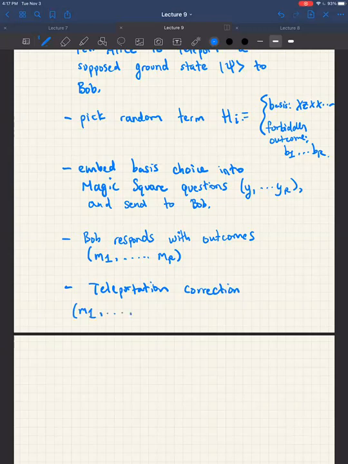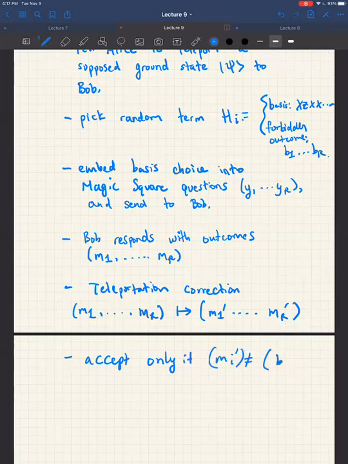So all of these measurement outcomes will get post-processed into a different set. But then we just do what we did before, except only if these post-processed outcomes are not equal to the forbidden outcomes. So this part looks very similar to the measurement protocol from before. I just have to tell you what this teleportation process is and what this teleportation correction is like.